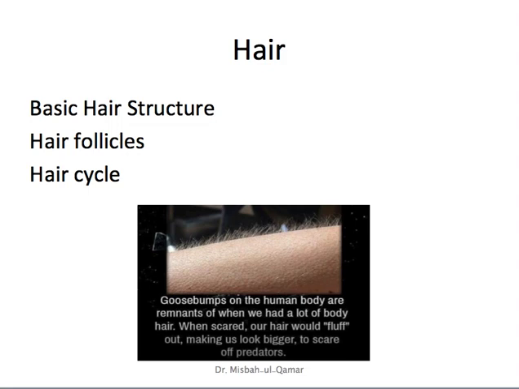The base of each hair is attached to a piloerector muscle, and this muscle is controlled by the sympathetic nervous system. So when this muscle is stimulated to contract, the piloerector muscles cause hair erection, and they produce goosebumps.